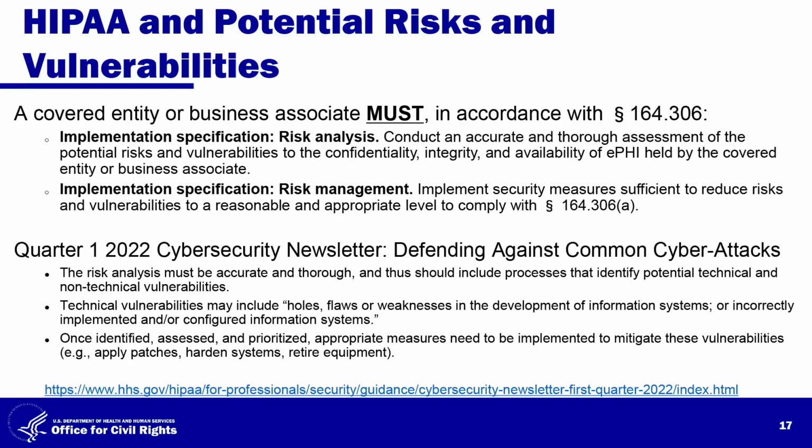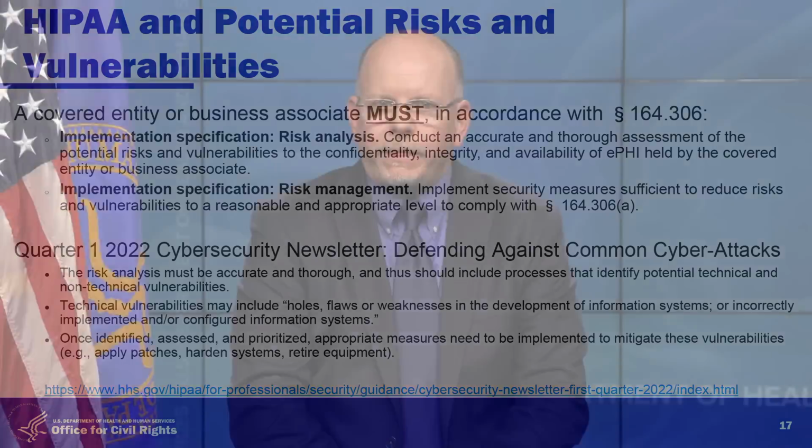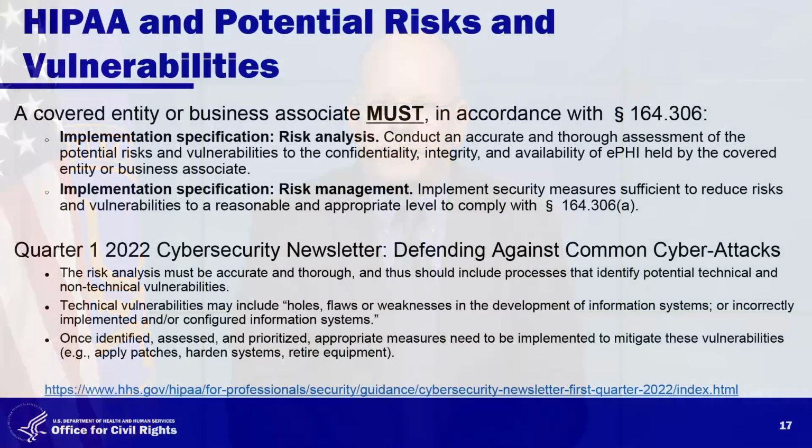Risk management requires implementation of security measures sufficient to reduce risks and vulnerabilities to a reasonable and appropriate level to comply with Section 164.306(a). As we have seen previously, these requirements, as with all safeguards, must be implemented in a manner to ensure the confidentiality, integrity, and availability of all ePHI.